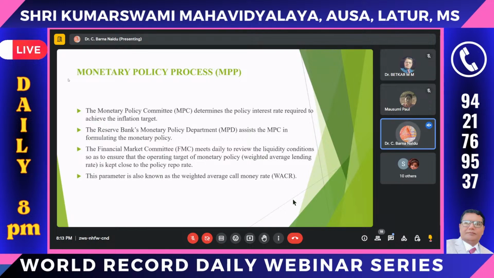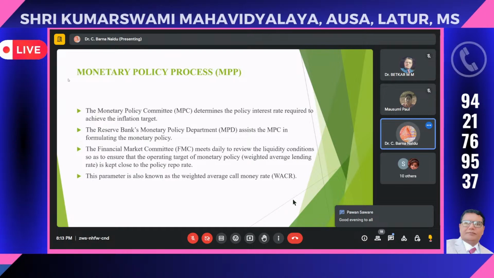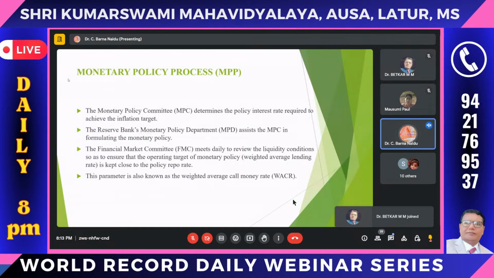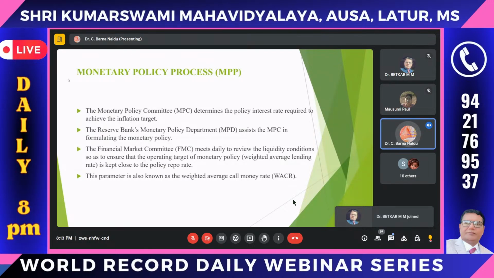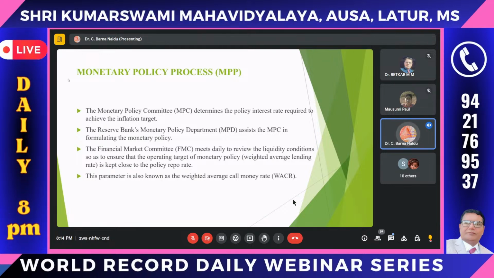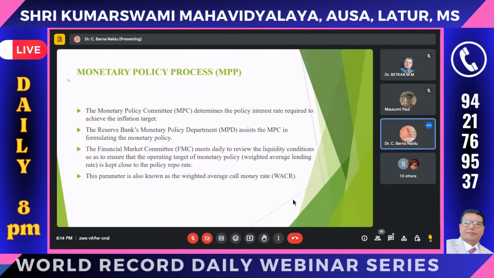Then the financial market committee meets daily to review the liquidity condition, so as to ensure that whatever policies are framed are as per the requirement and conditions of the economy, and are favorable. These are the parameters known as the weighted average call money rate. So this is all about the entire process of monetary policy.